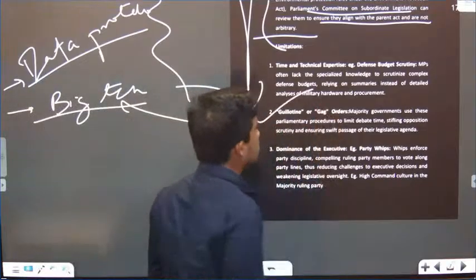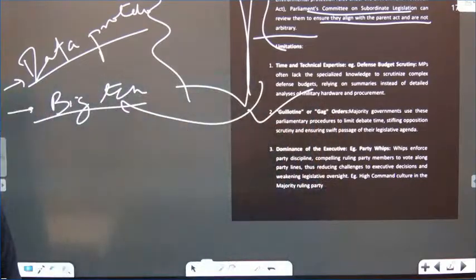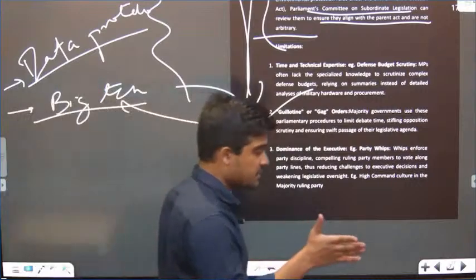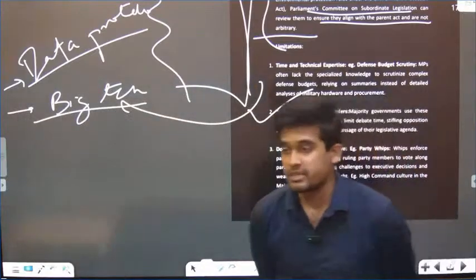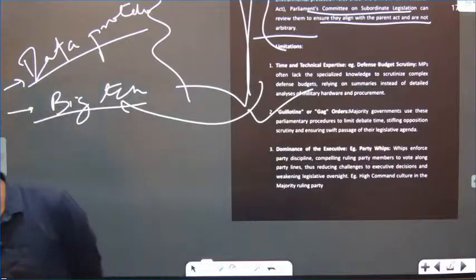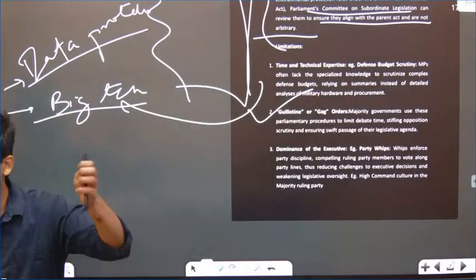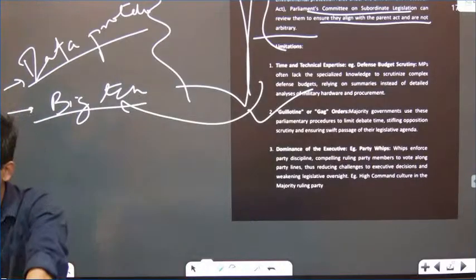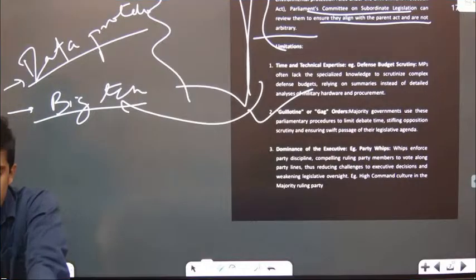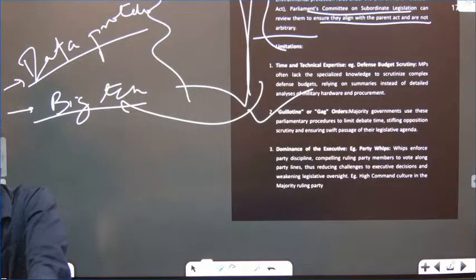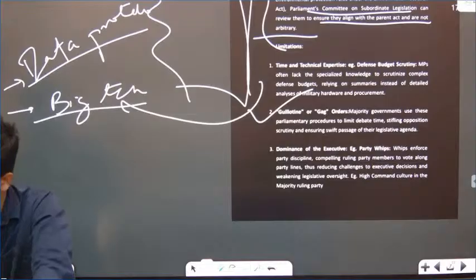There is guillotine or gag orders. So you must be seeing that if something has not been discussed in the budget, in budget there are a lot of things. There is money given to railway, hundreds of departments, money is being allocated. Do you think everything is discussed in open? No, right? So what happens at the end of the day, where voting needs to happen, it is put to guillotine.